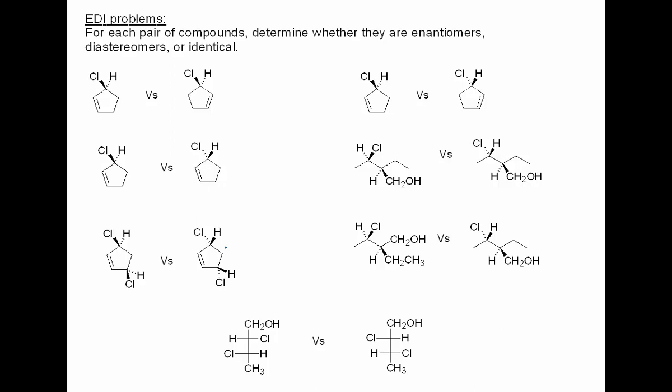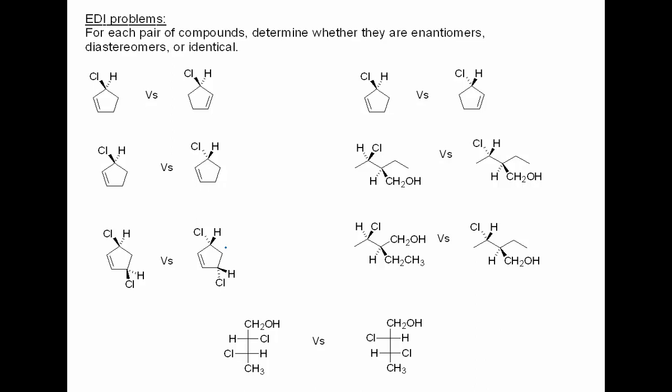So let's go through these compounds here. This is a very common type of exam question. Two compounds written from different perspectives. Are they the same compound? Are they diastereomers? Are they enantiomers? One of the worst answers I always get here is for a compound with a single chiral center: somebody will tell me it's a diastereomer.